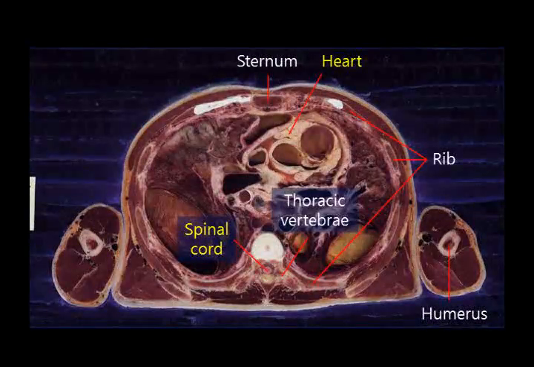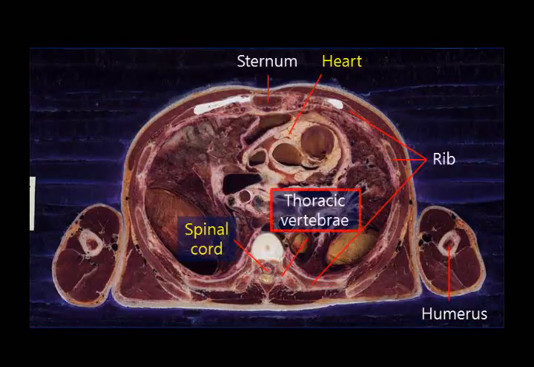From the vertebral column, the thoracic vertebrae are the ones attached to the ribs. The ribs go to the anterior side of the body and attach to the sternum. See that the heart is located behind the sternum.